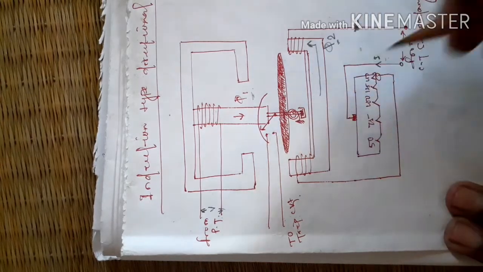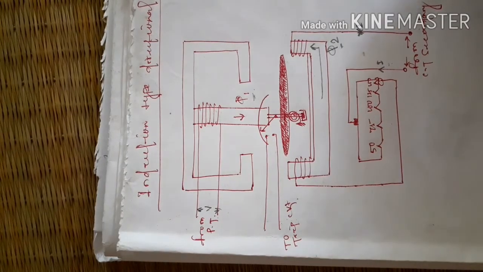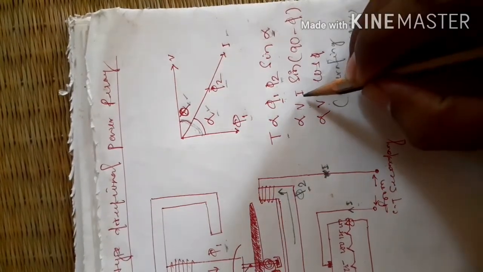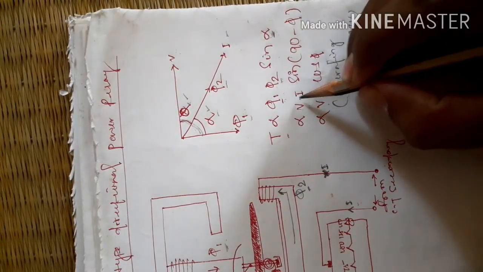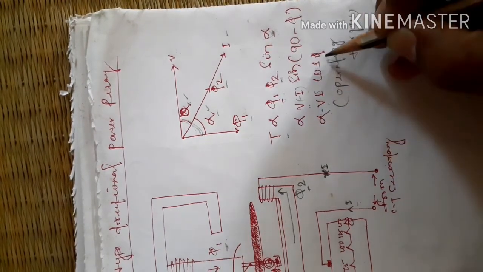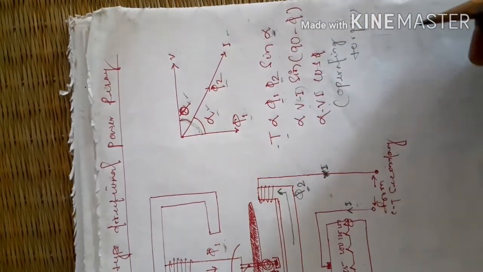But when a fault occurs, the tendency of current is to flow in the opposite direction. If current is flowing in the reverse direction, then here it is written minus I. Then the result is minus V I cos phi, means the operating torque is in the reverse direction also.